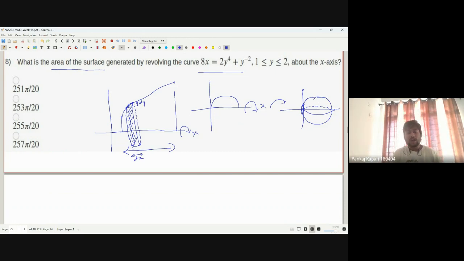If you know the small arc length, which we call ds, then you can easily find its area.